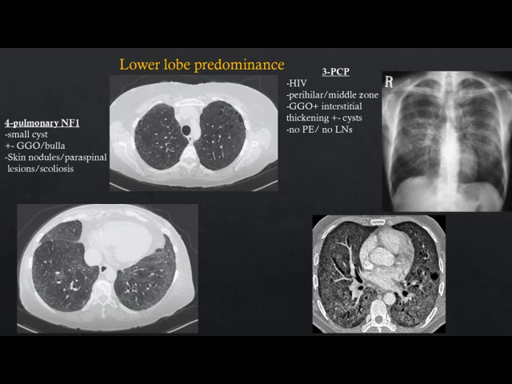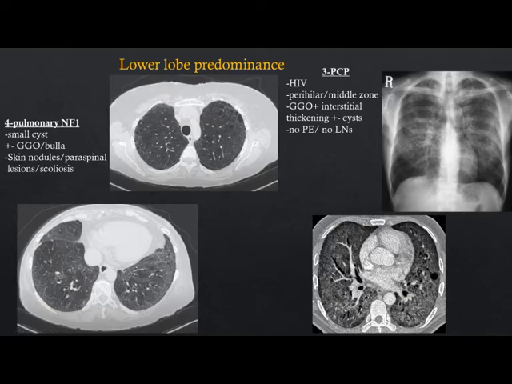So the presence of other findings related to neurofibromatosis makes the diagnosis easy. Like in this case, the presence of subcutaneous nodules, or paraspinal neurofibromas, or bony pathology like scoliosis or rib hypoplasia.